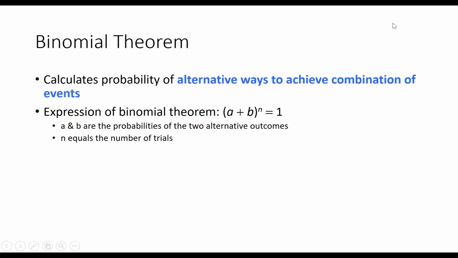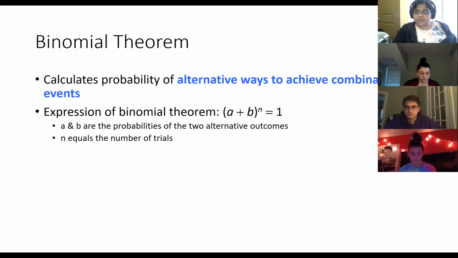In this case, A and B are the probabilities of the two alternative outcomes, and n equals the number of trials, okay?